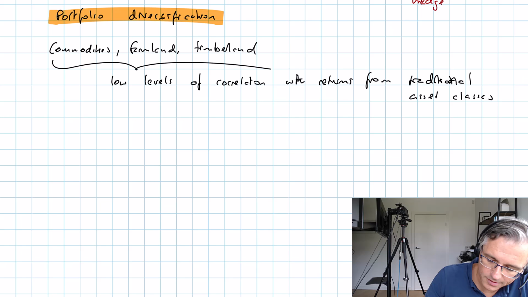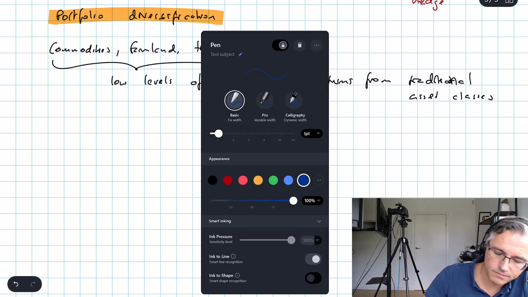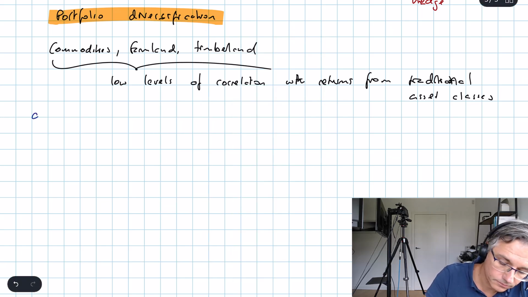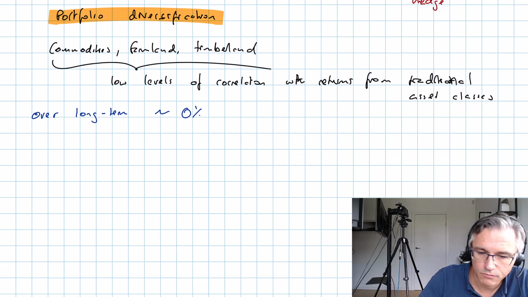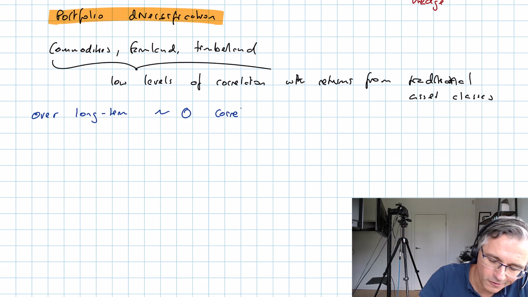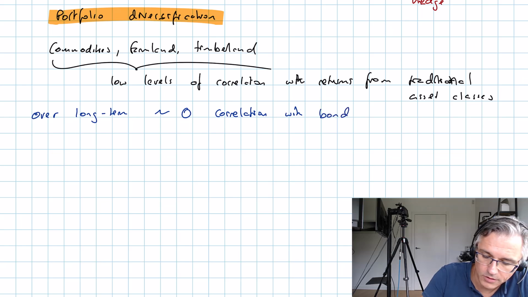Now, when it comes to the correlation with bonds, at least over the long term, close to zero, well, not 0%, sorry, zero correlation. Correlation is not measured in units. Zero correlation with the performance of bonds, as we would expect.